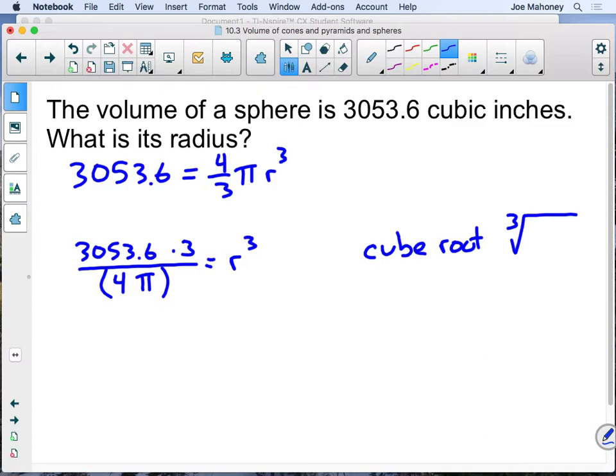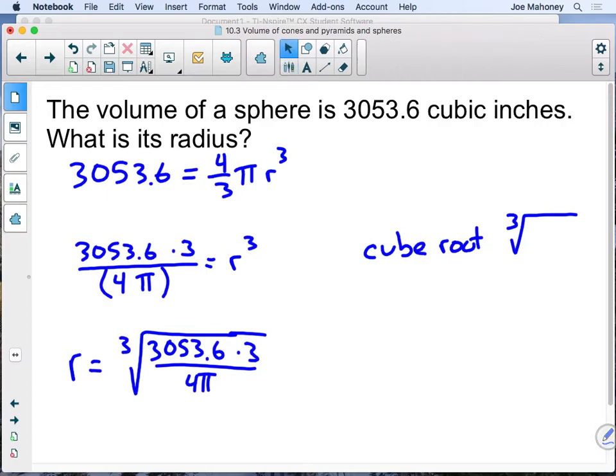That symbol is actually a root symbol. We just don't write the 2 in there for a square root. We only change the number if it's not a square root. So that's what a cube root looks like. So my answer is going to be the cube root of this big fraction.